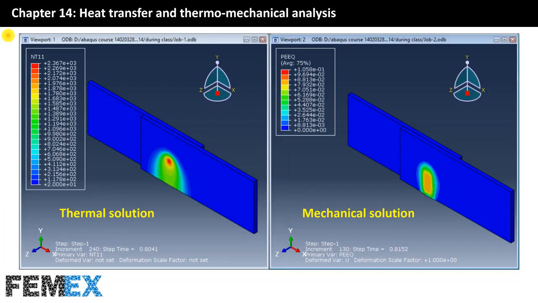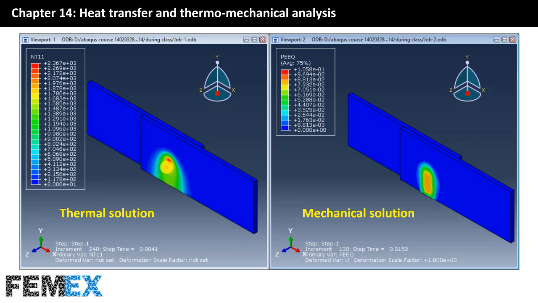In chapter 14, I have talked about heat transfer and thermomechanical analysis. First of all, I have talked about heat transfer theories, and then I have conducted a simulation using semi-coupled technique. And here you can see the thermal solution and you can see the moving heat source.